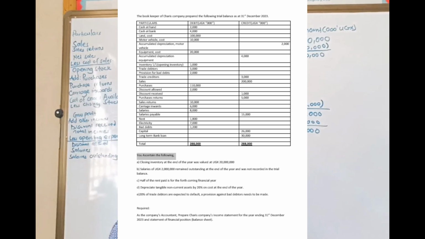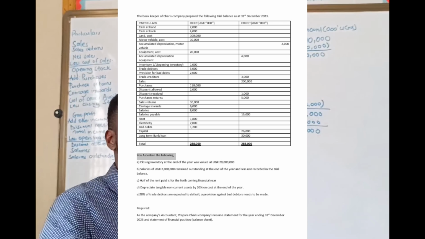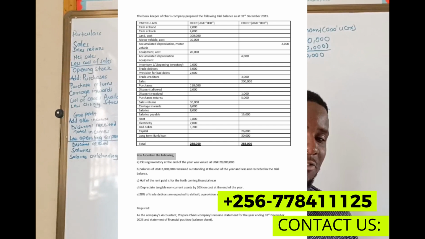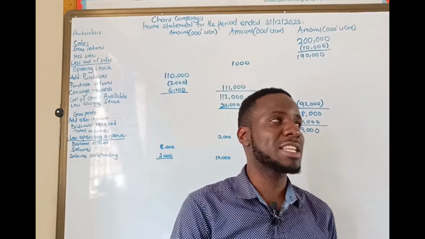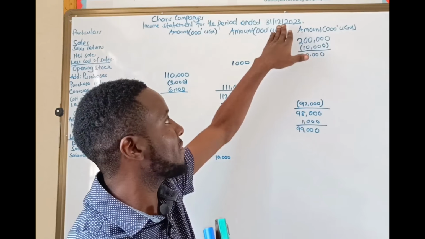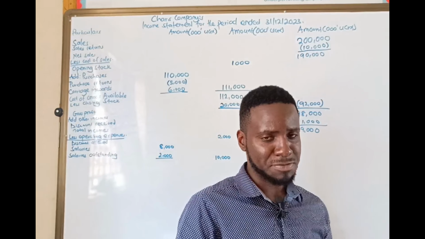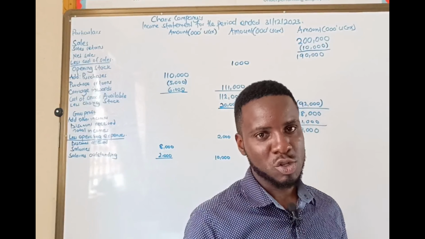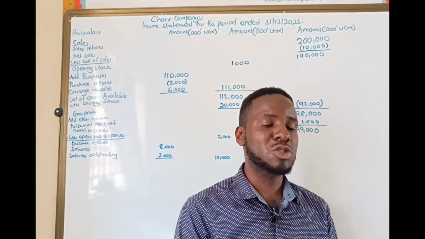Then next we have rent, but also remember, rent, they told us that half of the rent is for the forthcoming financial year. Remember, we are not interested in the forthcoming financial year. We are interested in the financial year ending 31st December 2023. That means when it goes to 2024, we are not interested in that year. So all we need are the financial statements of this period.